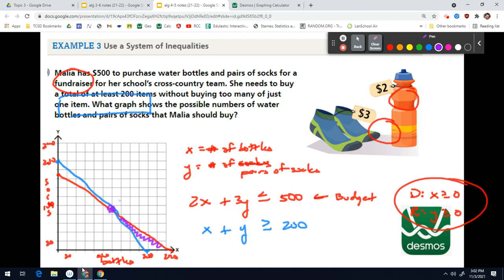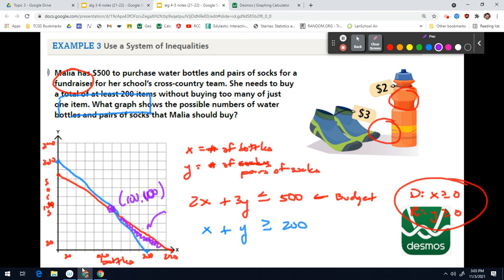So again, this point right here should be 100, 100. I'm just doing my best to have a rough sketch. So this is the solution space right here. It is within these numbers that you should choose a number of bottles and pairs of socks you should buy.